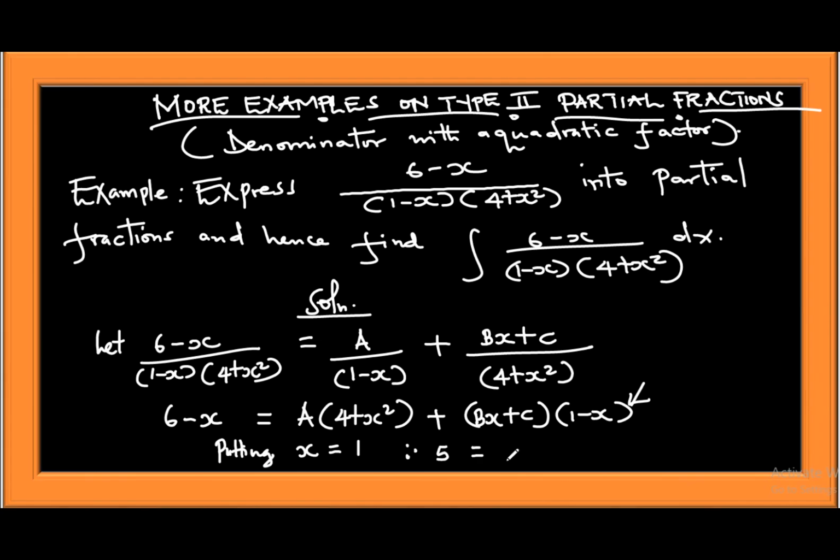On the right-hand side, the whole of the second term becomes 0, but the first term becomes 4 plus 1 squared, which is 5 times a, giving us 5a. Therefore the value of a becomes 1.